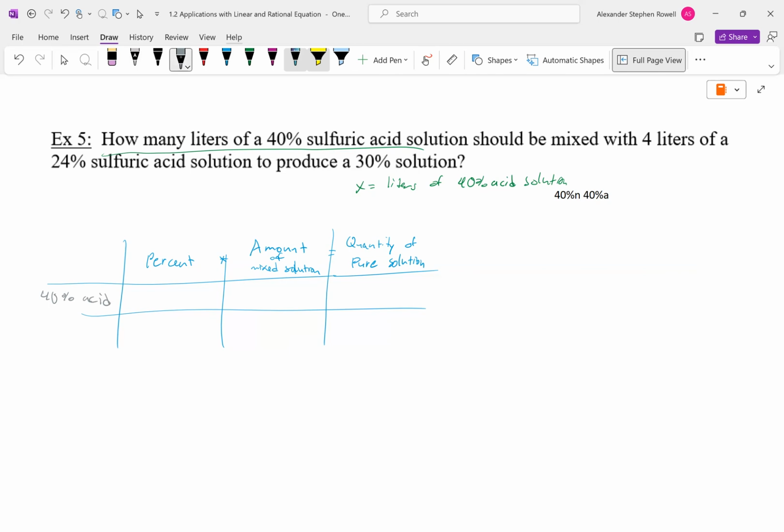So 40% acid. What's my percent? Well, let's convert it to decimal: 0.4. And this is what the question was asking for. X is the amount of 40% solution. Next, we have this combined with 4 liters of a 24% acid solution.